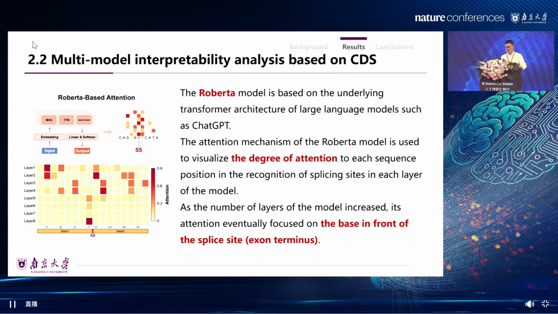Second, we used a transformer-based model, RoBERTa, which is the architecture behind large language models like BERT and ChatGPT. When we visualized its attention mechanism layer by layer, we saw the exact same patterns. The model first focuses on the GT, and its attention becomes increasingly focused on the single base at the very end of the exon.